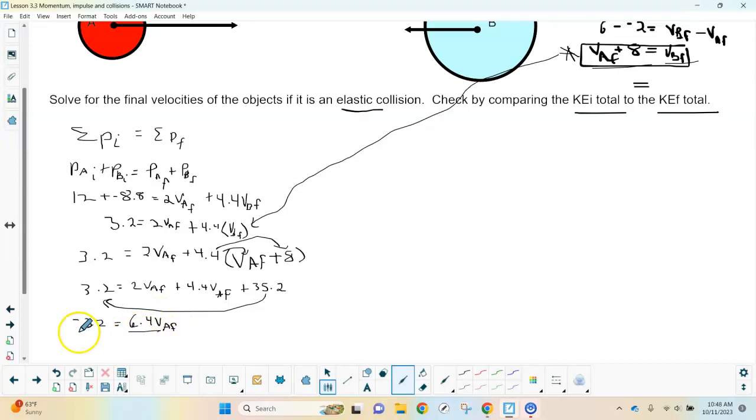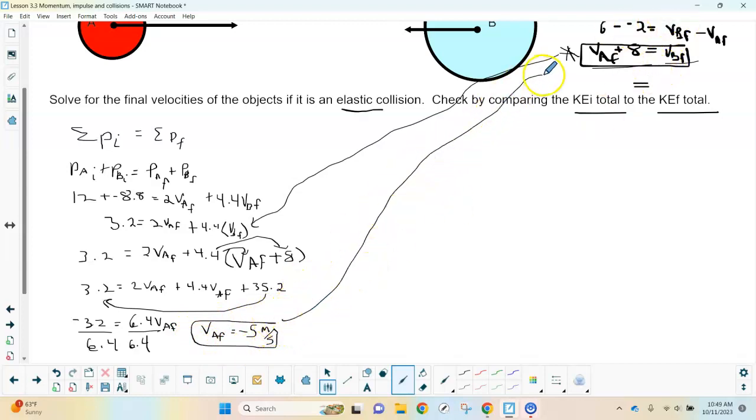And then it's just division by 6.4 on both sides. You'll get VAF as a negative number. That means that VAF bounces off and goes to the left. You get negative 5 for that, so negative 5 meters per second. That is what VAF is. We can get VBF from just plugging it back in up here.